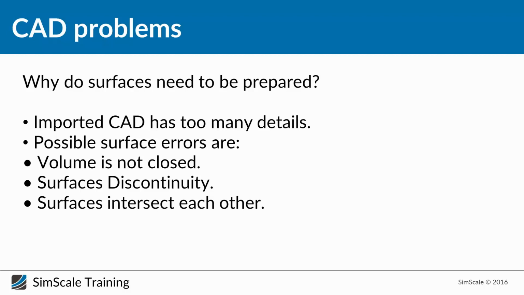Another possible problem is surface errors. These are the most common problems, but of course there are many other problems that you can face in the CAD. First of all, the volume is not closed, and this is the most important thing that you have to take into consideration when you start your simulation in the pre-processing stage.